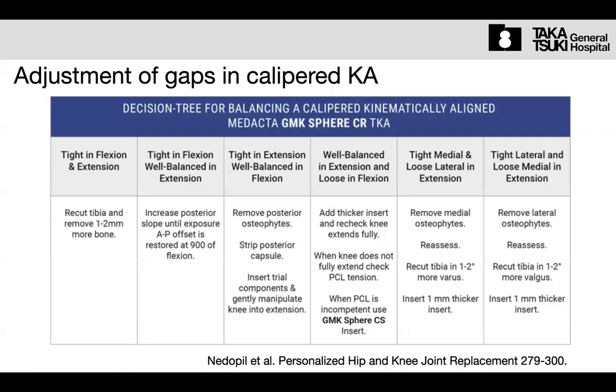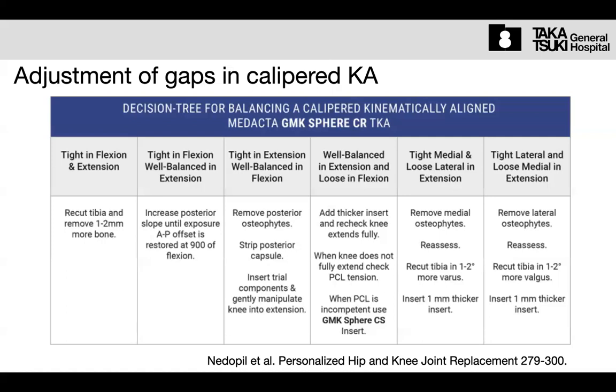So how to do this? It is not so complicated. Set the same extramedullary jig with the saw guide of the tibia and increase the posterior slope slightly, 2 or 3 degrees more. Then recut.